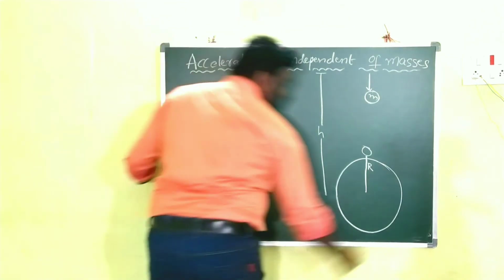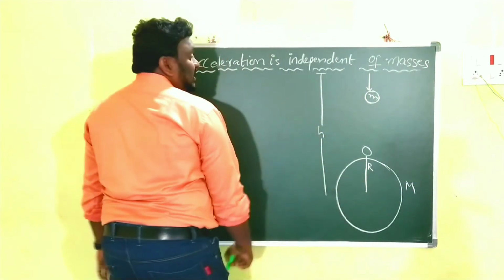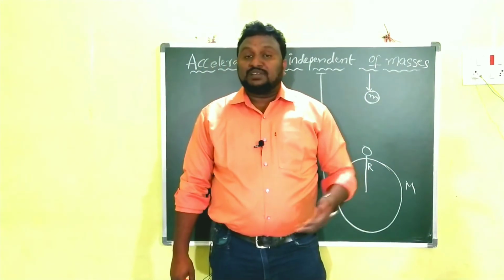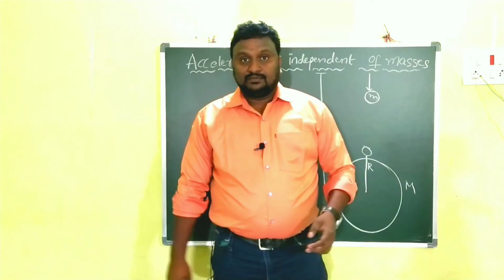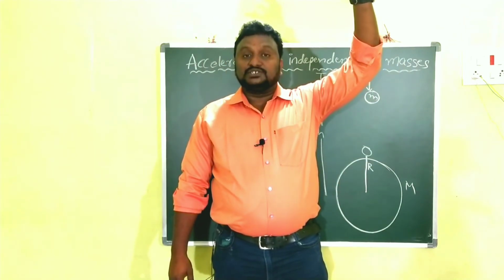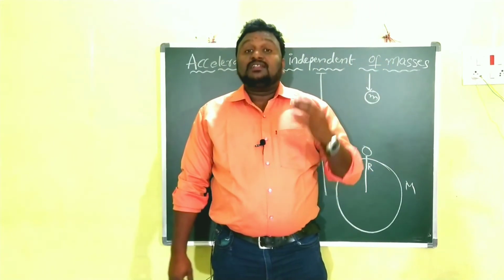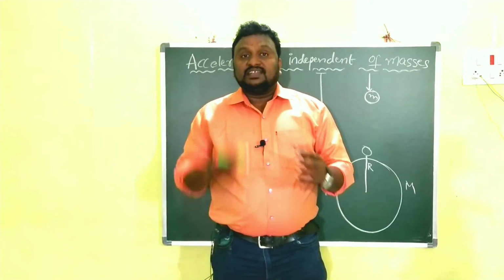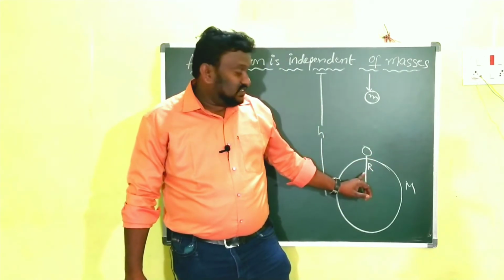Capital M is the mass of the earth, and r is the radius of the earth, which is approximately equal to the distance between the body and the earth. When the body almost reaches the earth's surface, the distance between the body and the earth is r.